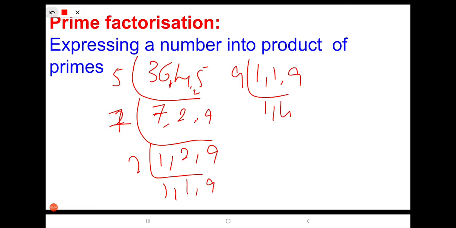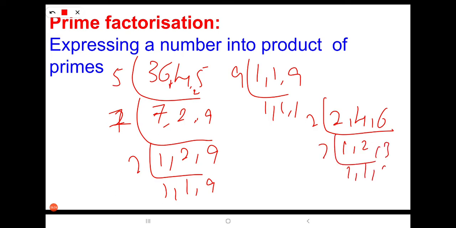This is wrong. This is not LCM. Generally we do this kind of procedure to find the LCM of numbers. Suppose 2 comma 4 comma 6 for LCM, generally we take like this: 2 ones are 2, 2 twos are 4, 2 threes are 6, and 2 ones, 1, 3, and 3 ones, 1, 1.